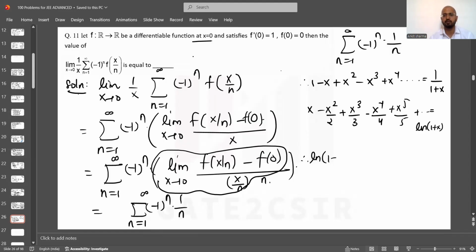So ln of 1 plus x is equal to x minus x square by 2 plus x cubed by 3 minus x to the power 4 by 4 and so on. I just need to see what value I can plug in here to get this. So if I put in 1, I get minus 1 basically. Minus 1 to the power n over n.